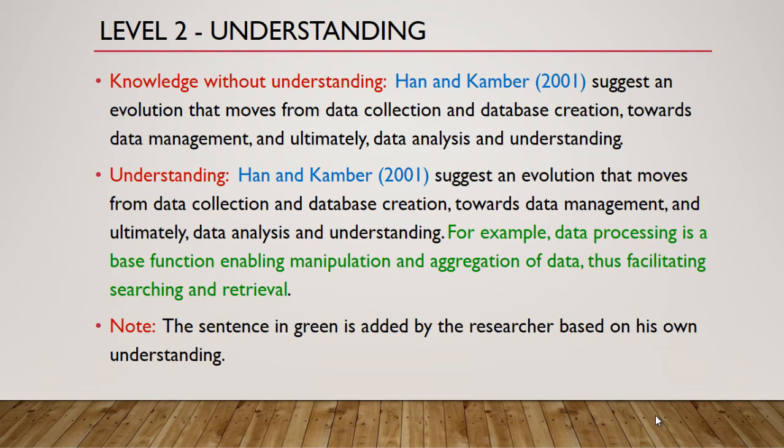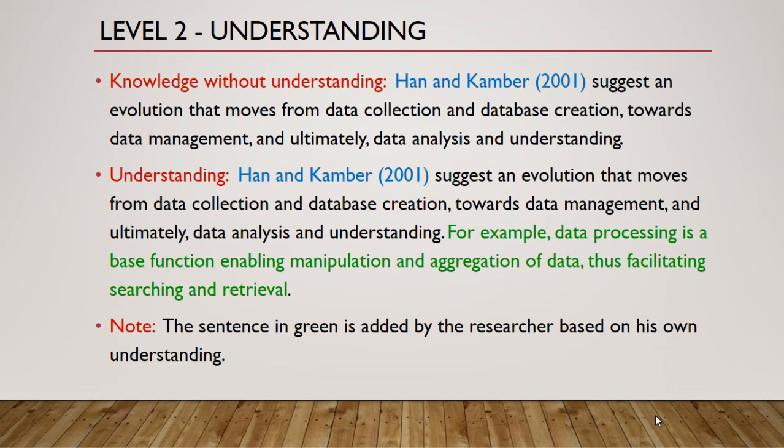So meaning that you can see that the first part is actually a paraphrase. Now the second part, the one in green, is something that is added by the researcher himself, which is actually a review. So at least he adds his own views.